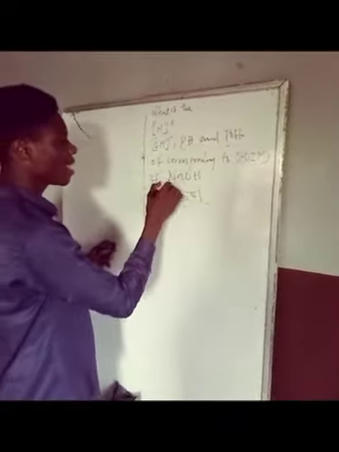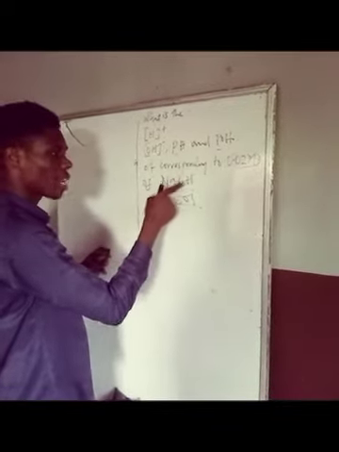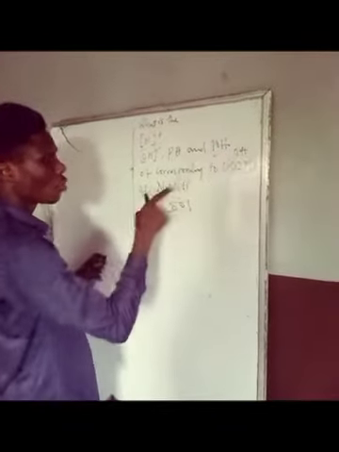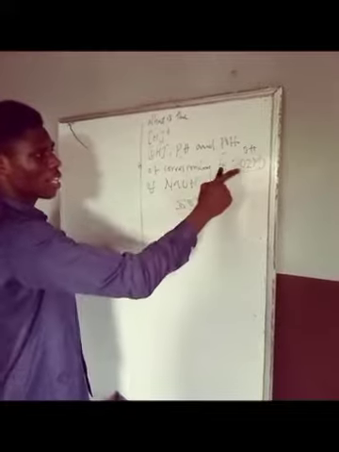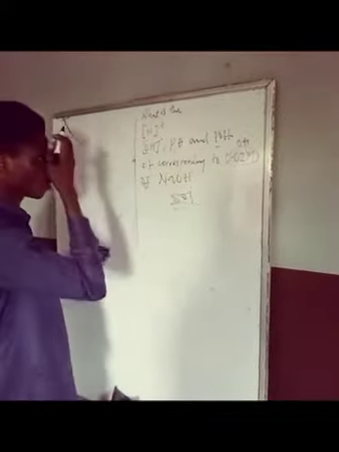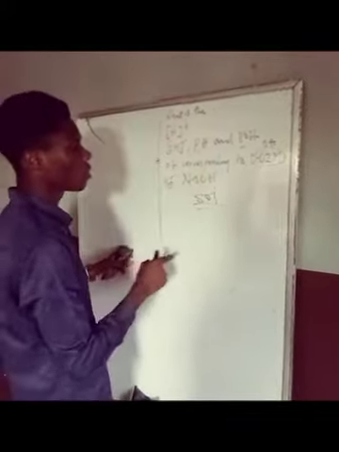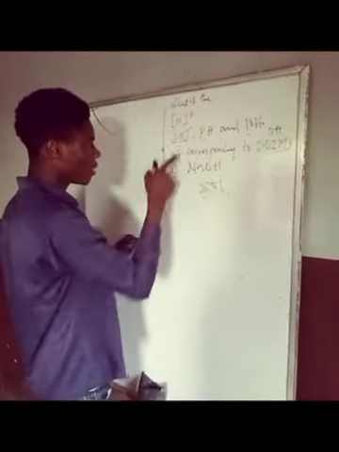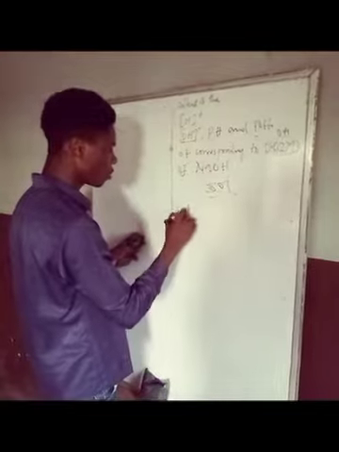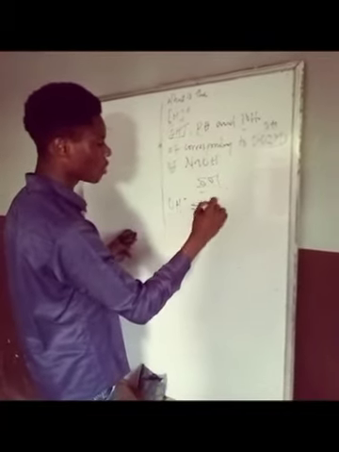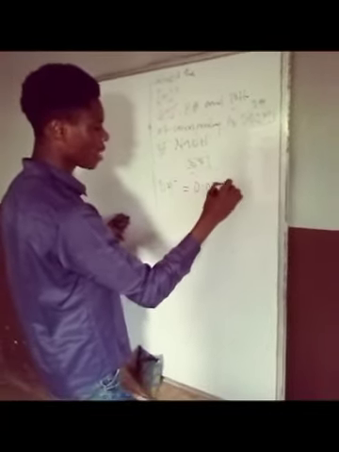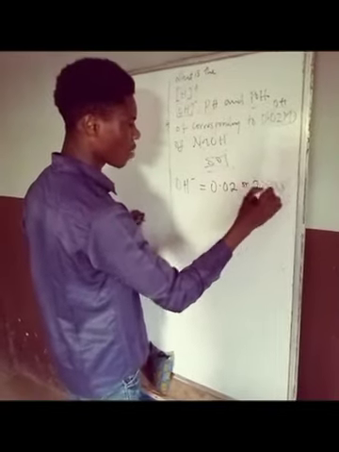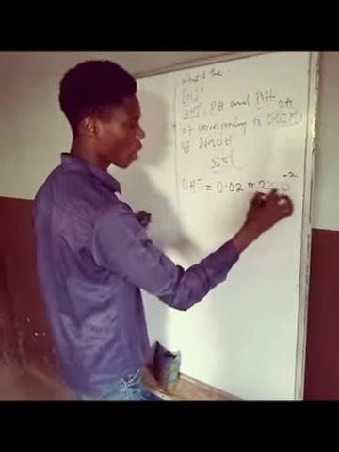Because it is a base, its concentration must be in hydroxyl. So we have to find the hydrogen ion. You know that we have the hydroxyl already. The hydroxyl ion is equal to 0.02, which is also the same thing as 2 times 10 raised to power minus 2. So I hope this is clear to you.